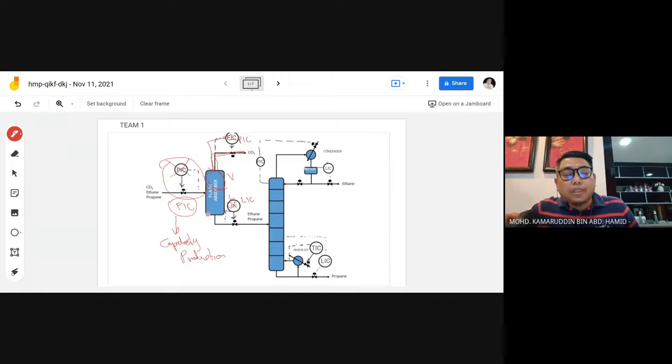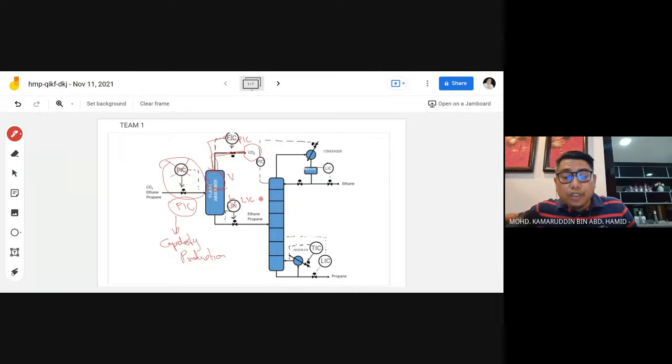That is the maximum number of control loops that you can design. All right, this is the flash. So you want to recover CO2 here? Yes, that's right, because you cannot condense CO2.